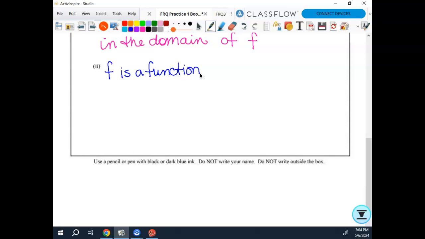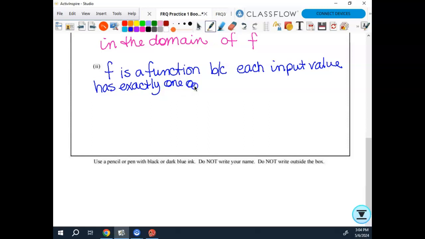So f is a function because each input value has exactly one, or only one, but make sure you're clear there, it has exactly one output. Okay? So that's what makes it a function.